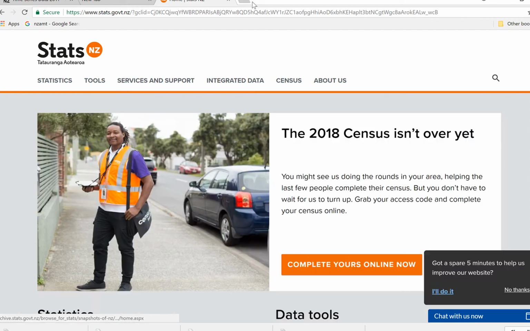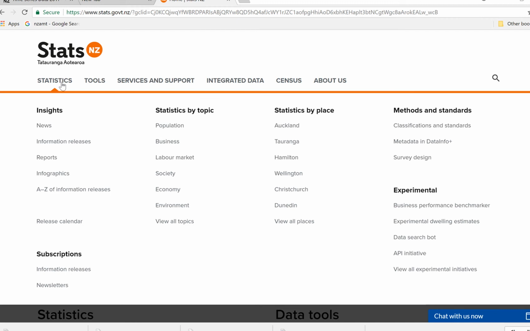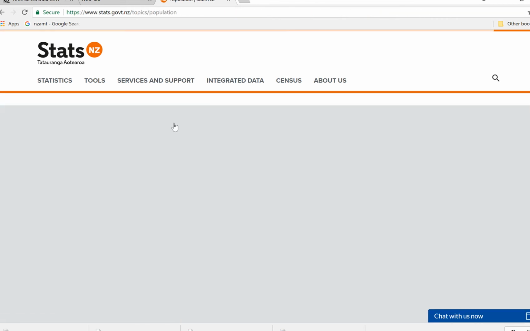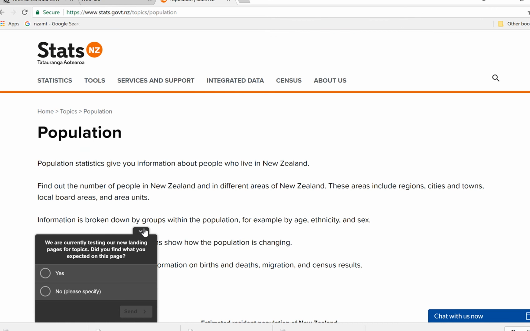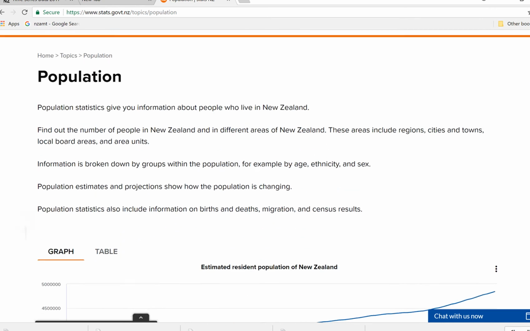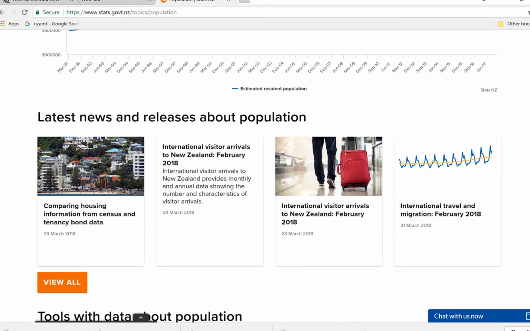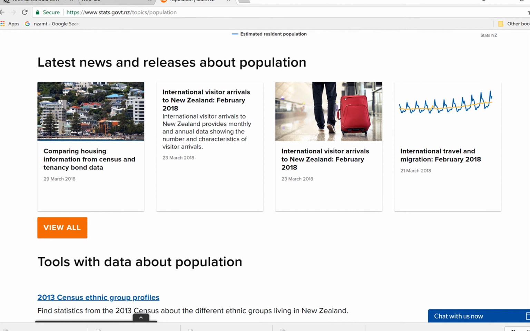So what should we look at first? I'm going to look at population, because that's to do with New Zealand's population, because it's long-term, permanent. And so we want to look at any news releases.